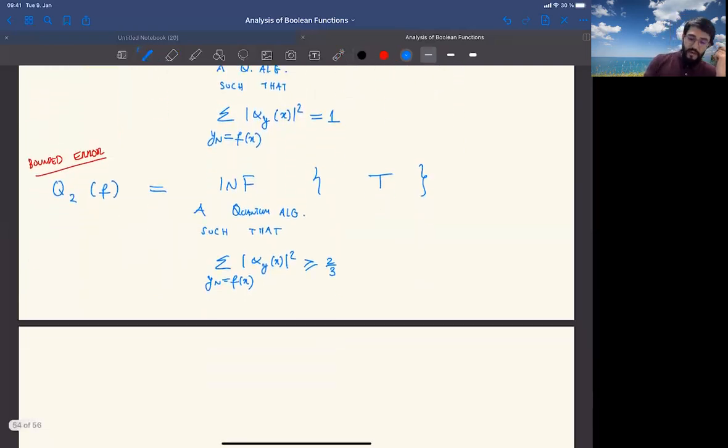Again, similar to the deterministic version. And just as a curiosity, we won't actually work with that. We also have the Q0. And that is when you have introduced certain uncertainty. That's called zero error.